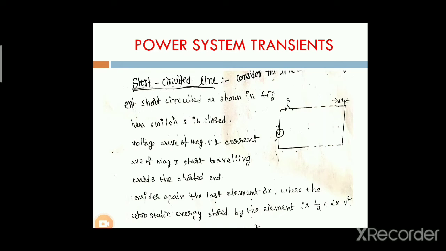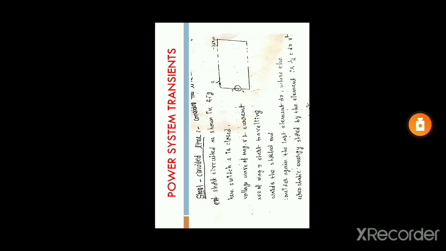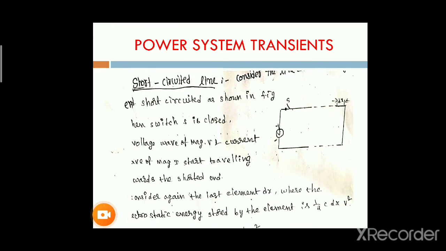Consider again the last element, that is dx. The electrostatic energy stored by that element is half C dx into V square.